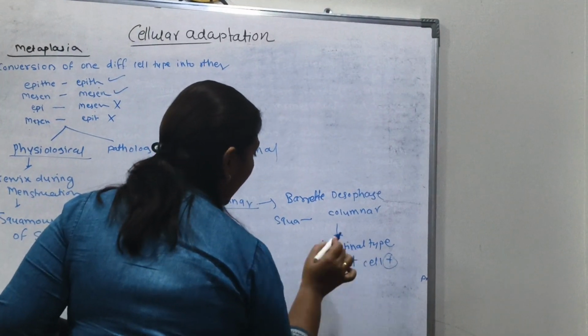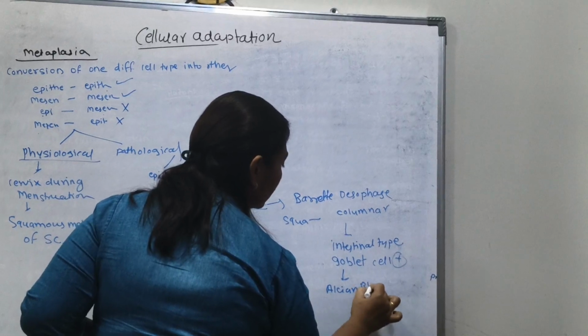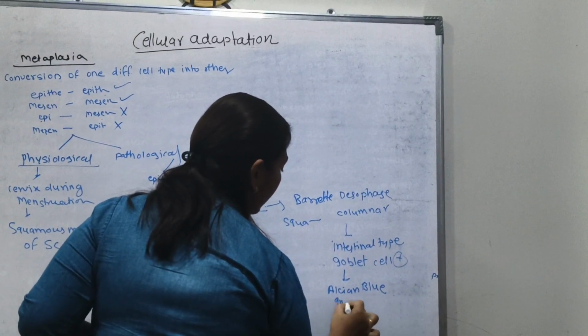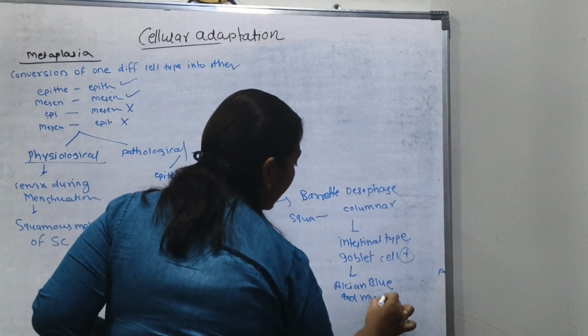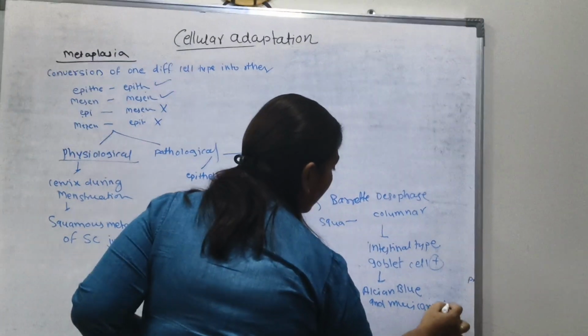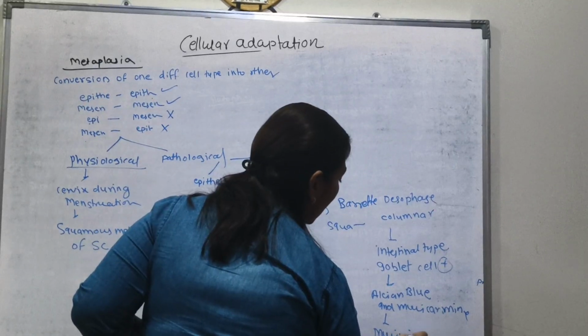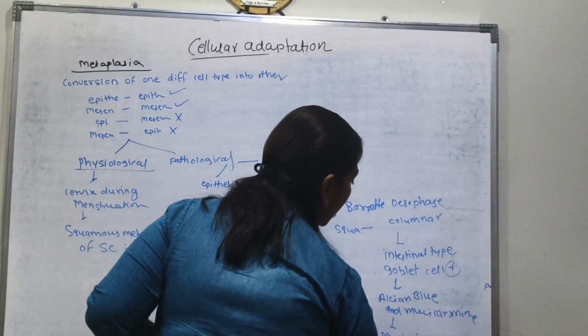And to detect this, we use Alcian blue and mucicarmine stain, which detect mucin in goblet cells.